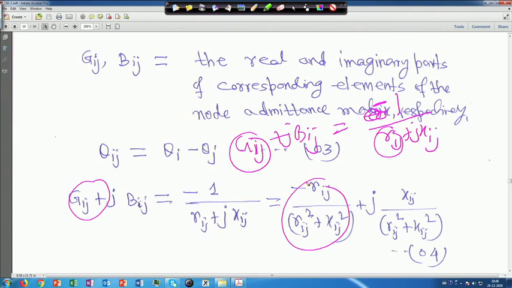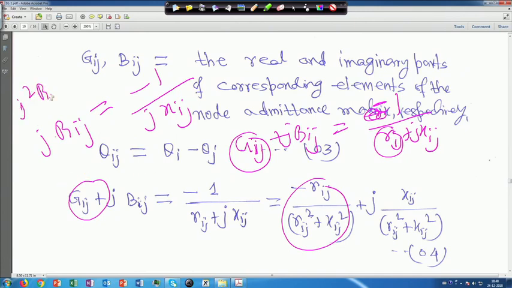Therefore, jB_ij is equal to minus 1 upon jX_ij. If you cross multiply, then j squared B_ij is equal to minus 1 upon X_ij. Since j squared is minus 1, the minus signs cancel on both sides, therefore B_ij is equal to 1 upon X_ij. Later we will see that for DC load flow r will be neglected.